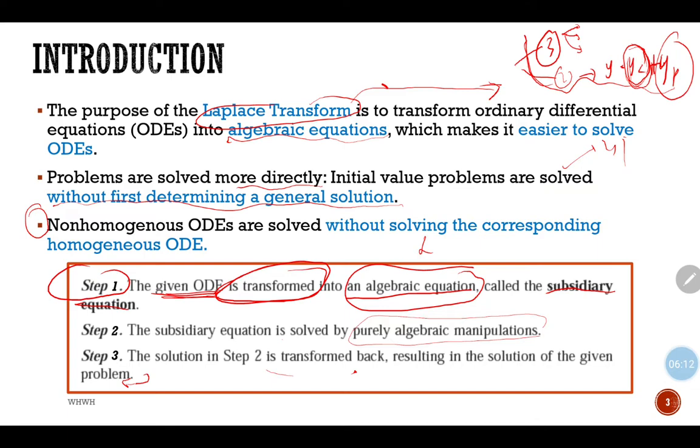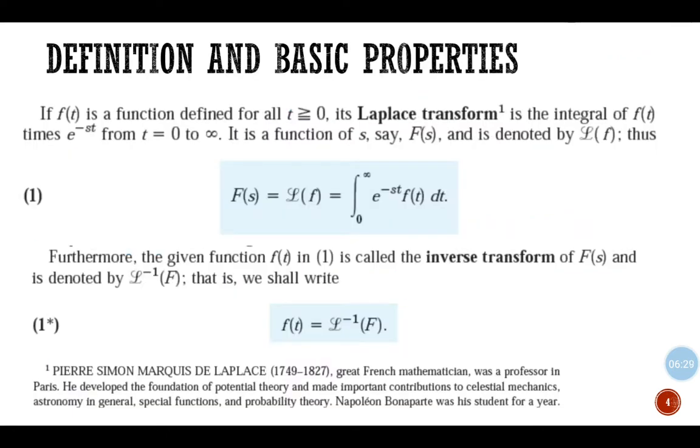Jadinya, the first thing that you need, tadi lepas tahu kenapa you kena belajar Laplace transform, the next thing is you need to know what does it mean by Laplace transform. Kenapa? Sebab lepas ni you nak transform your ODE into its Laplace transform. Okay, so here we are, definition and basic properties of Laplace transform.